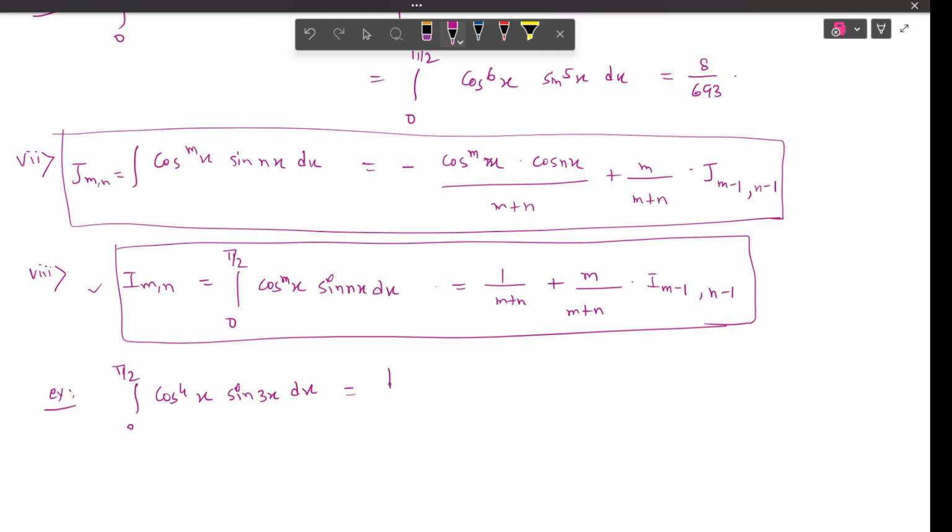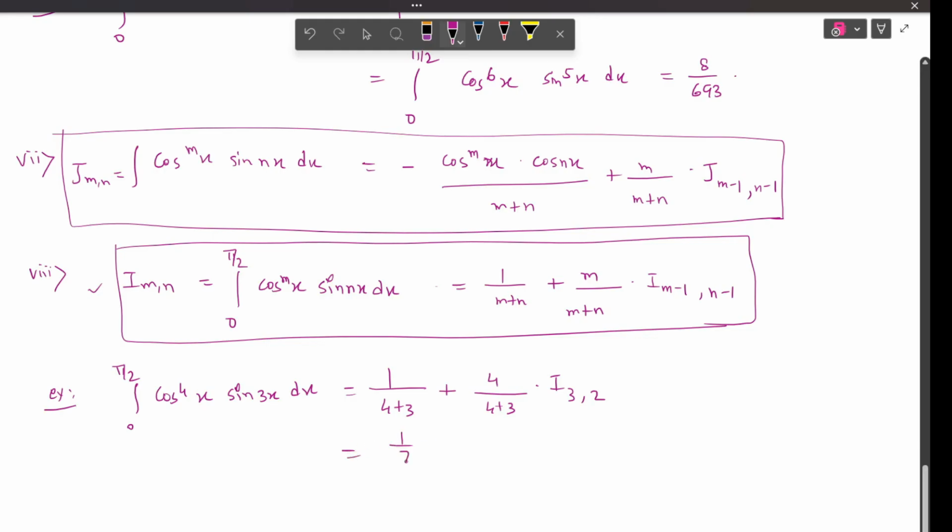So it would be 1 by 4 plus 3 plus 4 by 4 plus 3 into I(m minus 1, n minus 1). 4 minus 1 is 3, 3 minus 1 is 2. Now we have to apply for I(3, 2).